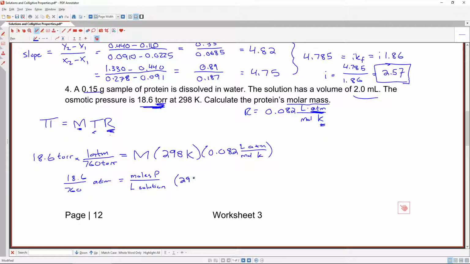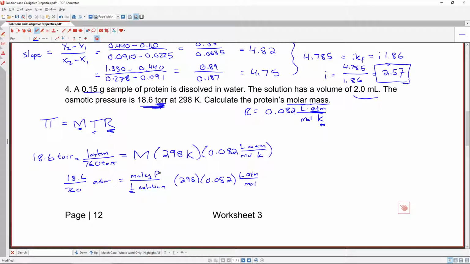And 298 times 0.082. And both of those numbers multiplied together have units of liter atmospheres per mole. It's not necessary to have your units while you're doing these calculations, but it helps. And also notice liters of solution cancels out with liters, moles cancels out with moles, you're left with atmospheres.